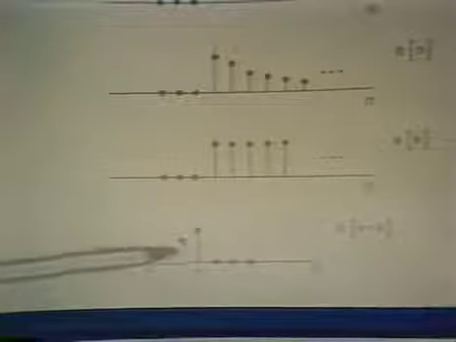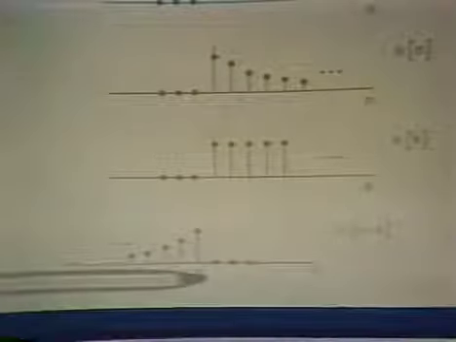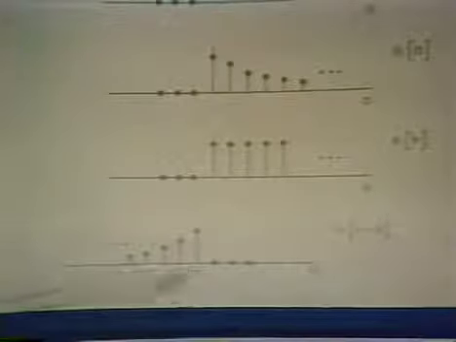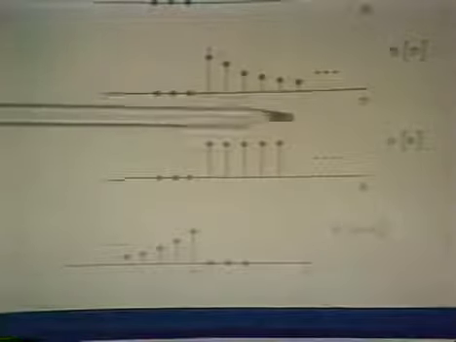And in essence, what the mechanics of convolution tells us to do is to take the sequence h of n minus k, which is h of minus k positioned with its origin at k equals n, multiply this sequence by this sequence, and sum the product from k equals minus infinity to plus infinity.